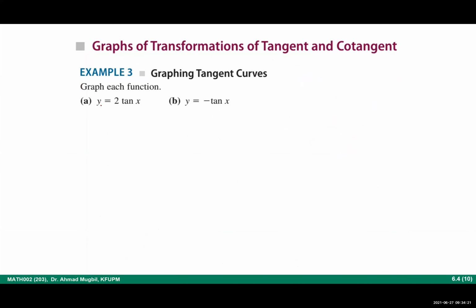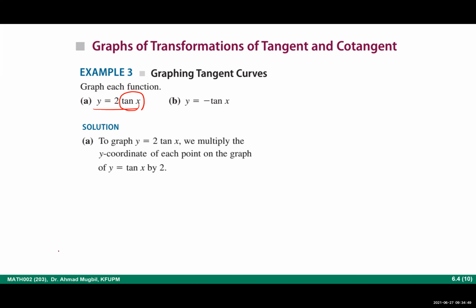Now, how to sketch the graph of 2 tan x? It is the same as the graph of tangent, but reflected or shifted or what? Or stretched or shrunk? It is vertically stretched by 2. This will not affect the shape too much.